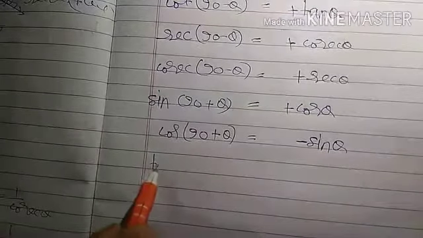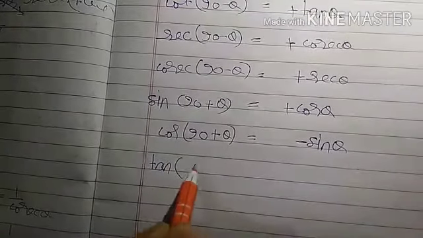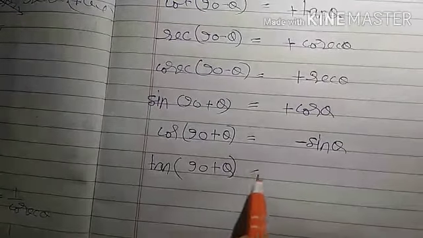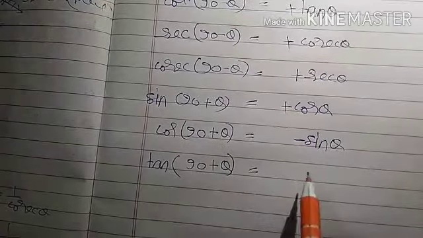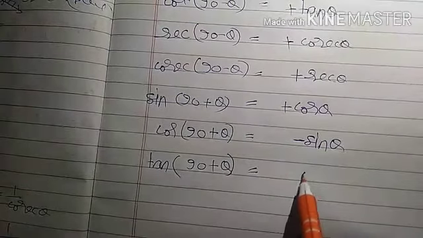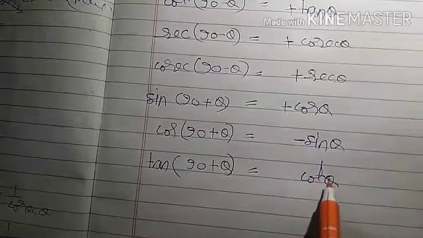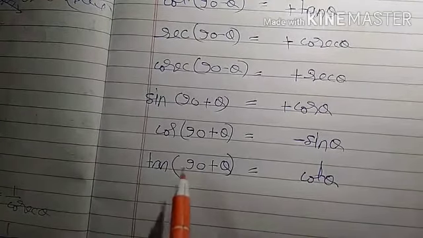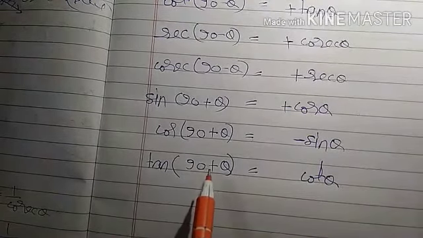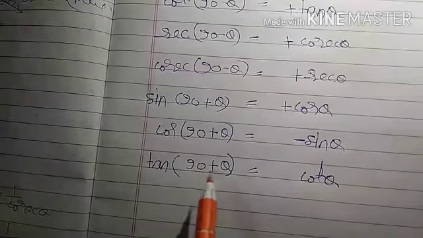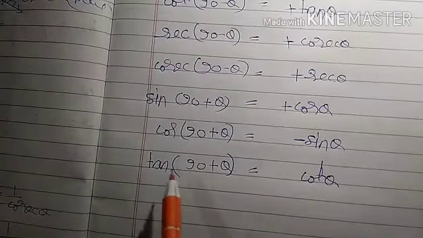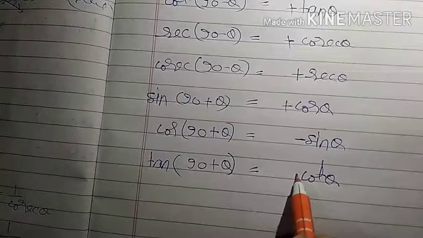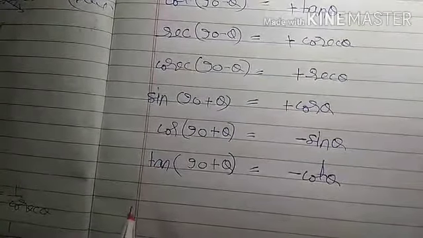Next, tan(90 plus theta): the function changes, so tan theta changes to cot theta, and 90 plus theta is in the second quadrant, where sin theta and cosec theta are positive and the other four functions are negative, so tan theta is negative, so minus cot theta.